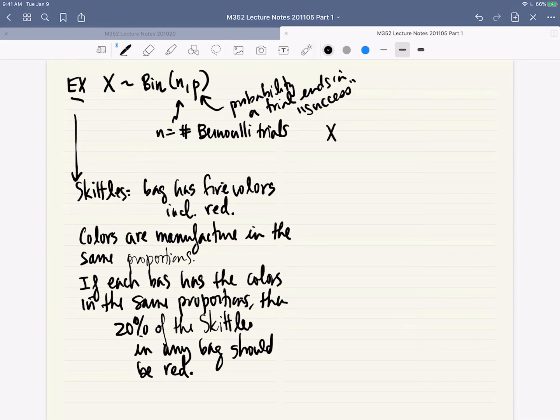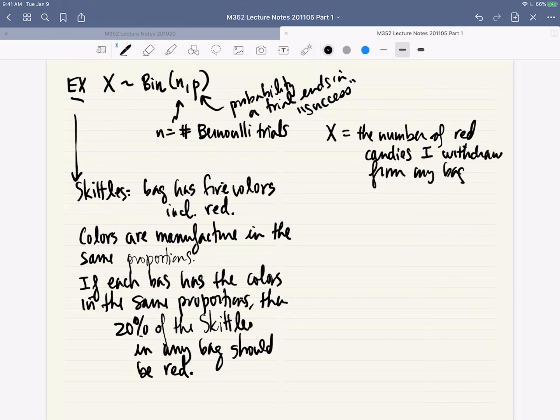In this case, I'm going to say X is the number of red candies I withdraw from my bag if I withdraw 10 candies.